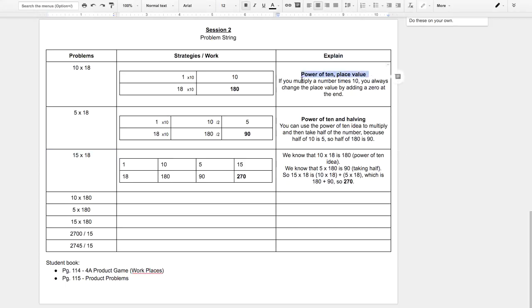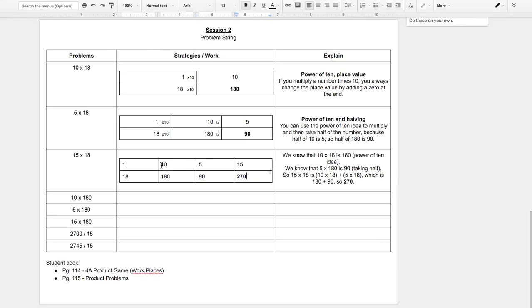We know that any number times 10, we add a 0 at the end because that changes the place value of the numbers. We've also used the halving strategy, where we took the power of 10, and then we took that number and took half of it. So why don't we just add those two numbers together? 10 times 18 is 180. 5 times 18 is 90. We know that 10 plus 5 is 15. We know that 180 plus 90 is 270.